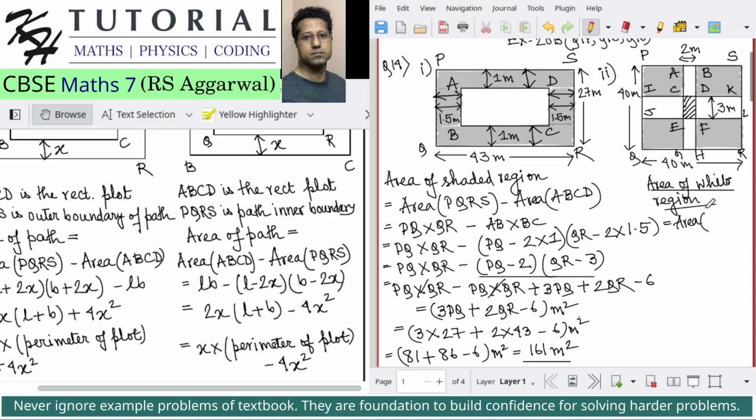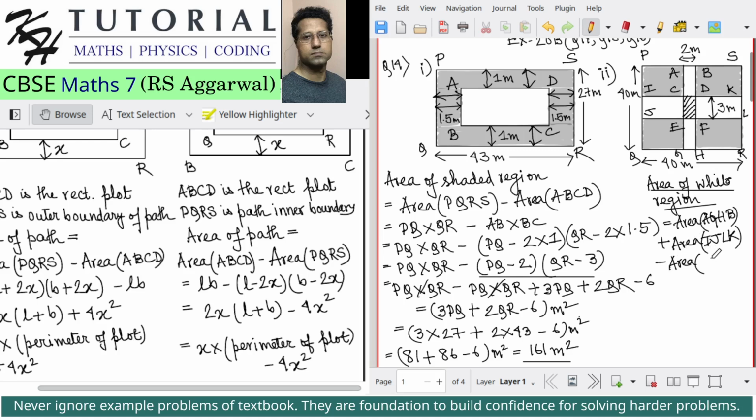of the rectangle AGHB, that is, you can consider the road which is running vertically, plus the area of the rectangle IJLK, that is the road which is running horizontally and having a width of 3 meter, minus we have to subtract the common region once.